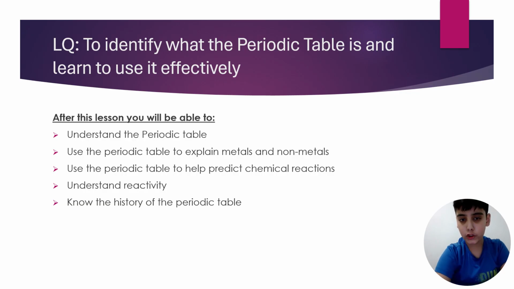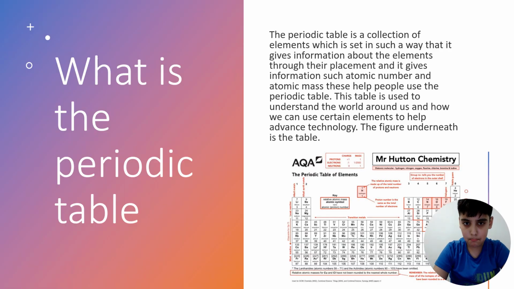You may also be able to use metals and non-metals in DT or engineering as a part of STEM. So this is a good topic to go over, not only for science.